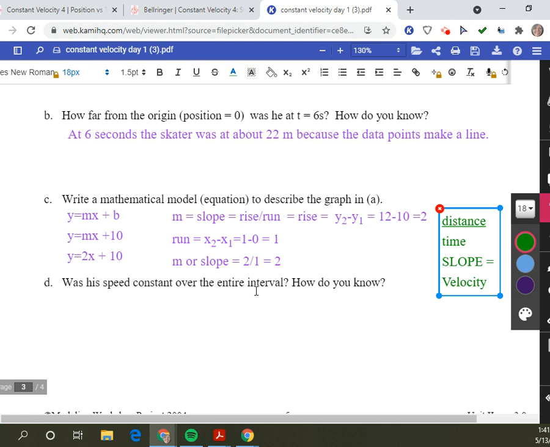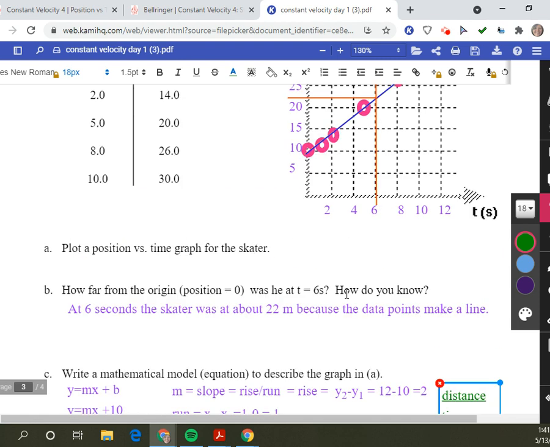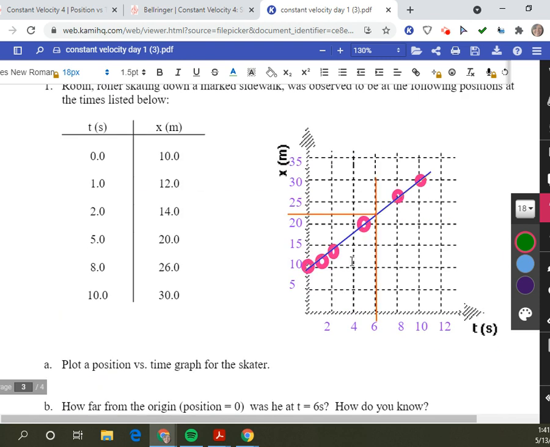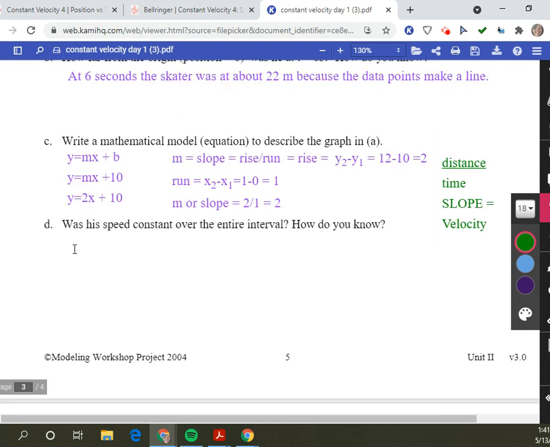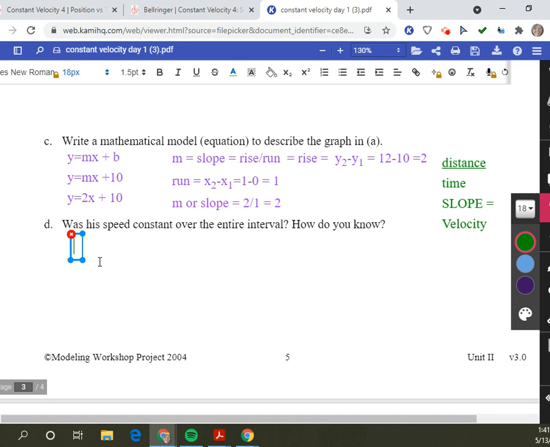Was its speed constant over the entire interval? How do you know? Well, let's look at this graph. Did we make a straight line? Yes. So the slope down here at time 2 is the same as the slope up here at time 10. So we know that that velocity or that speed was constant because we have a perfectly straight line. All right. So we can go ahead and answer that.